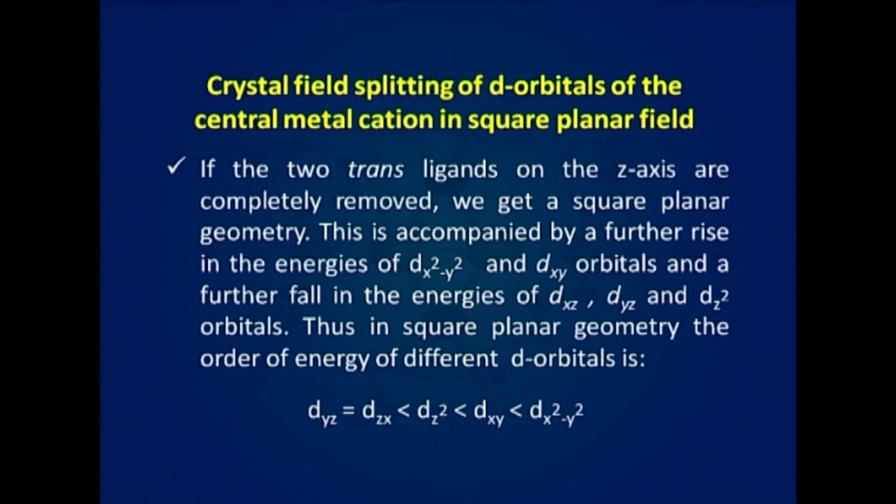Thus, in square planar geometry, the order of energy of different d orbitals is dyz equal to dzx, which is less than dz square, which is again less than dxy, and the dx square minus y square orbital has the highest energy.